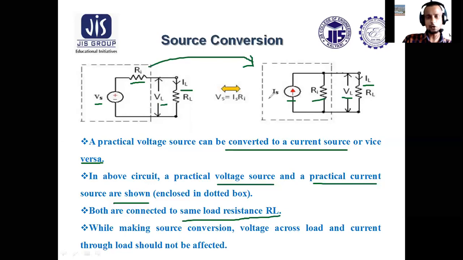Now, what should be the value of this current source during the conversion?